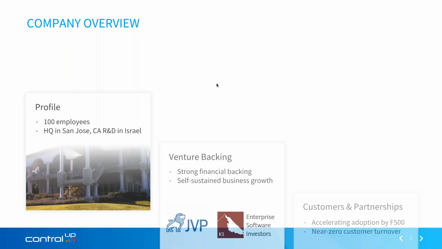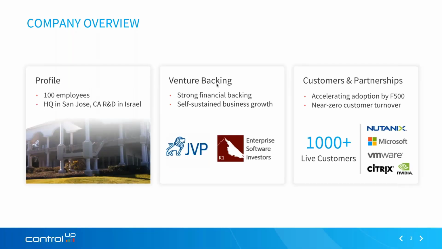Okay, so a quick company overview for those of you who are not familiar with ControlUp. We have been out there since 2011, growing really fast in recent years, which is great. We are roughly 100 employees. The HQ is based in Silicon Valley. R&D and engineering are based here in Israel, where I'm also based.